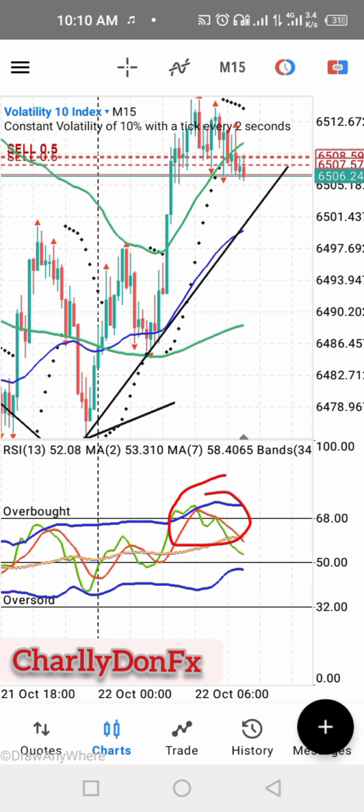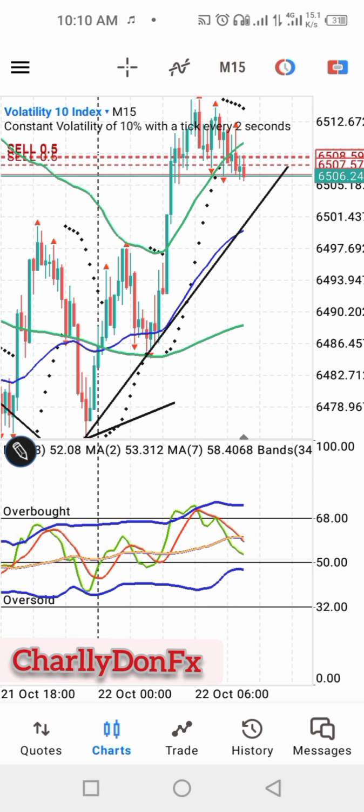So now the next thing you do, since you have confirmed the crossover at the overbought level, you now check. The main thing about trading is taking a sniper entry, knowing when the market is about to sell or buy.